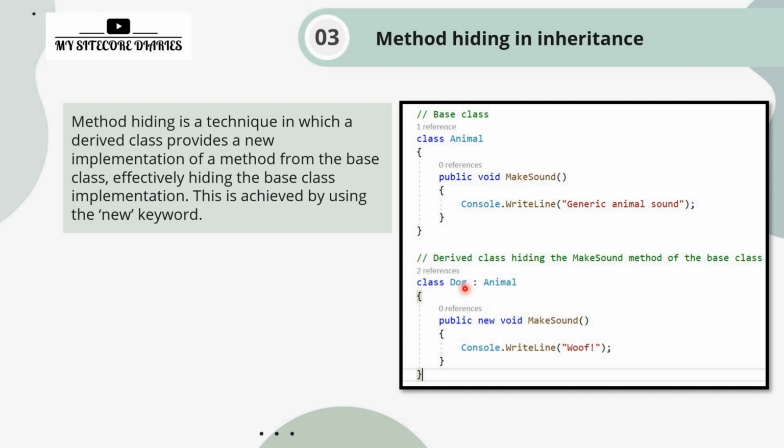So when I create the Dog object and try to access MakeSound, as it is written with new here, it will hide the base class method. It will not execute the MakeSound of the base class, but only the derived class method. So if there are a few methods which you want to rewrite in your derived class, then you have to use the new keyword.